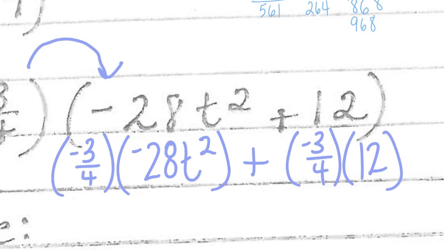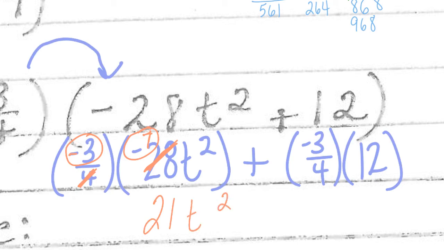And we can cross reduce. This is that detail that I said you really need to pay attention to. 4 and 28 could reduce to be what? 7. So I know I have a negative 3 times a negative 7, which is what?